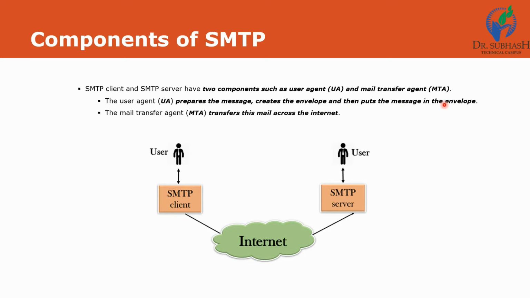Whenever we are sending a birthday card to another friend or another person, we write something, prepare the message, create the envelope, and then place the birthday card into the envelope, that is, put the message in the envelope. This is the task of the UA, user agent.